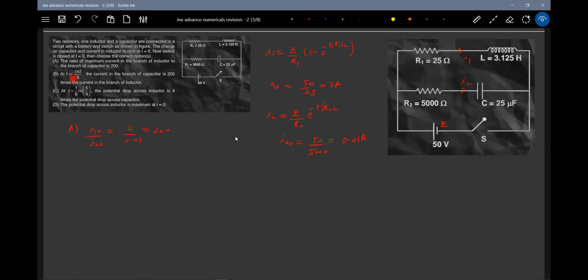Directly come for this one. Substitute T equal to log 2 by 8. You know R1, R2 values, 3.125 is there. Substitute here, get the expression for current.